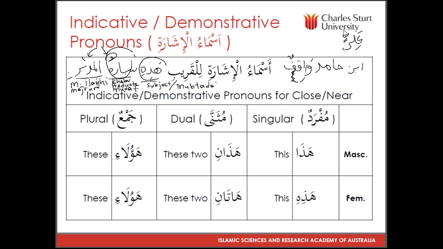This is a pot. Al-mil'aqa fi al-qidr. Not cup, fi al-qidr. The spoon is in the pot. Fi is a harf jarr, that's why the ending is with kasra.